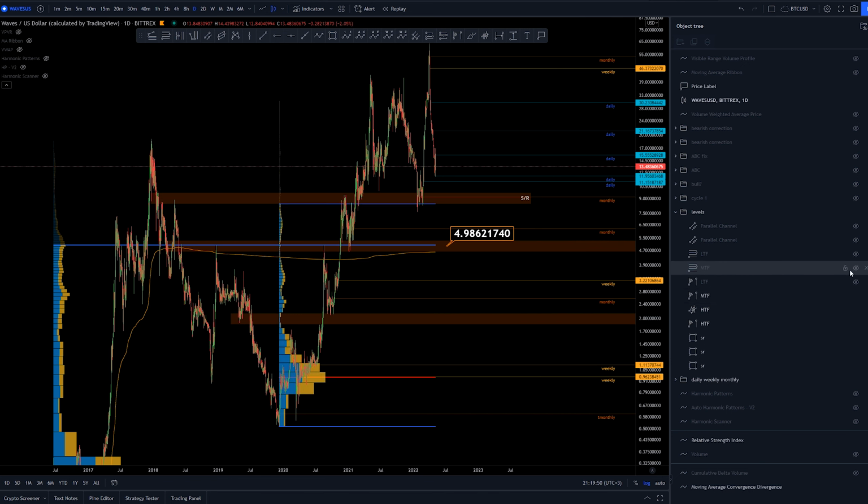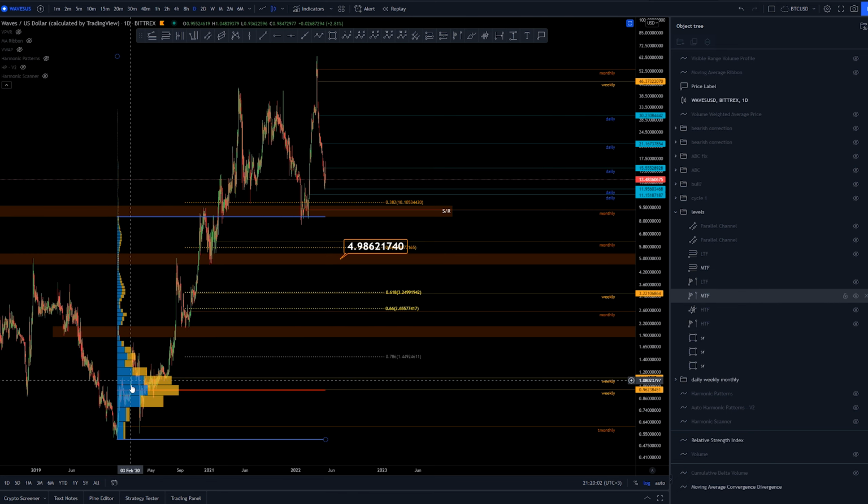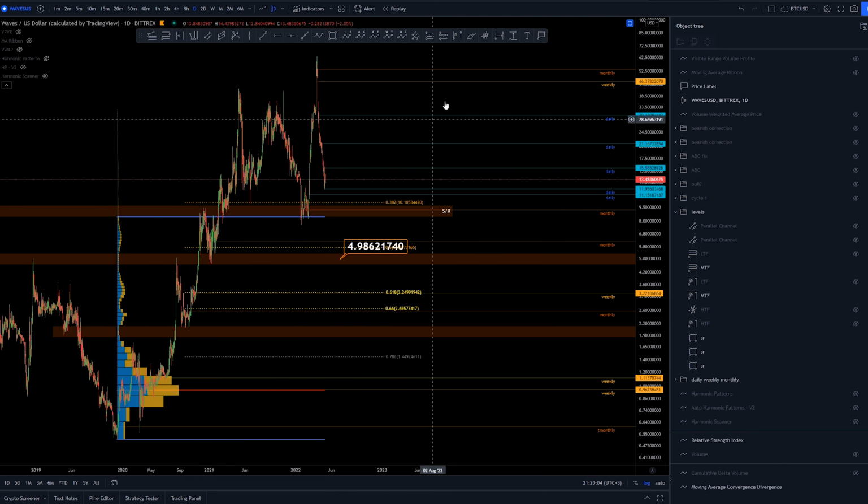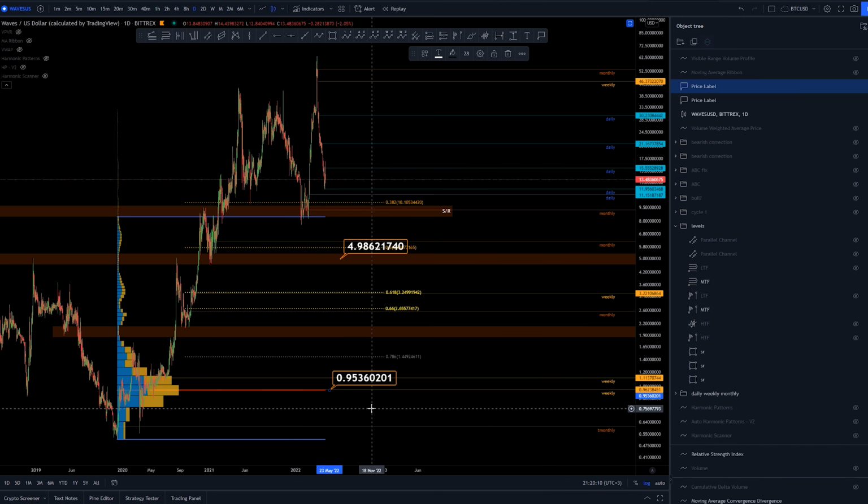On medium time frame, let's check it out. Again, we can see the majority of the volume has been dealt here. The point of control is really down here at this weekly, around 95 cents. It is going to be a massive support level for sure.